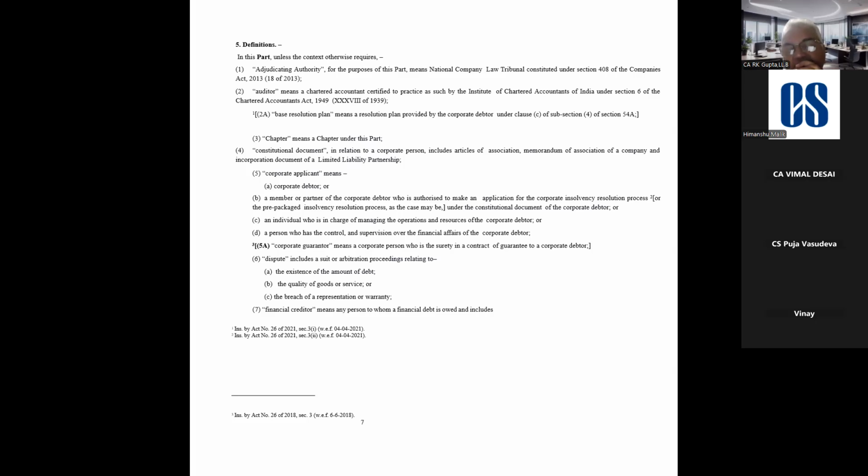But then why can't you apply the same logic to financial debt? They say there is a difference between financial debt and operational debt. Financial creditors are the ones who have provided financial muscle to the company. So they have funded the organization.